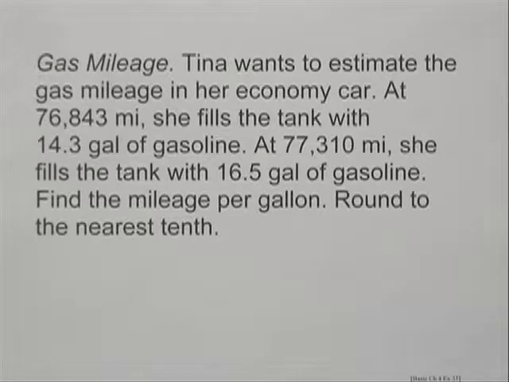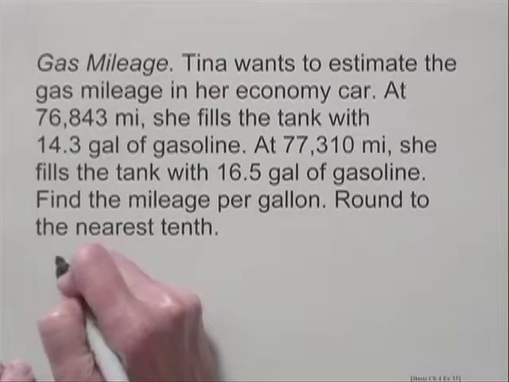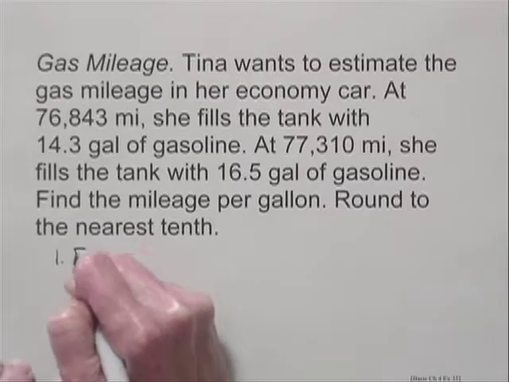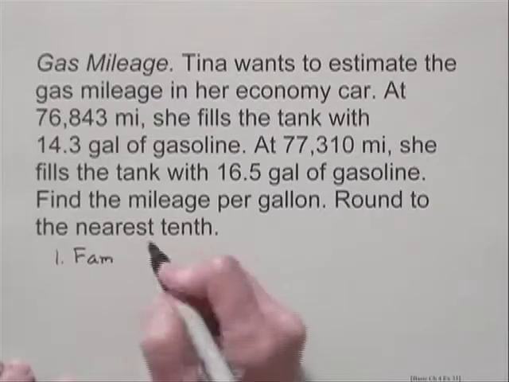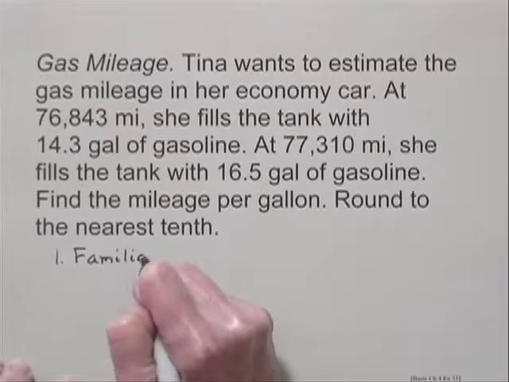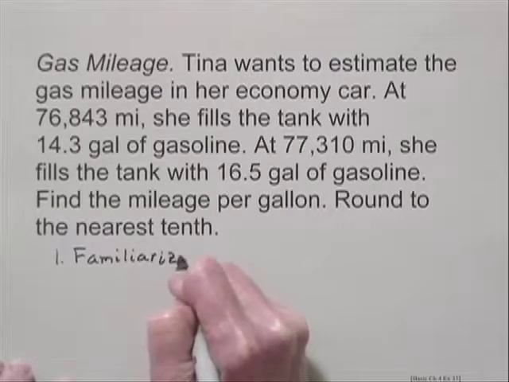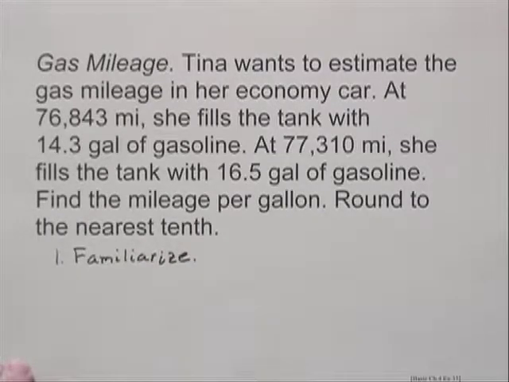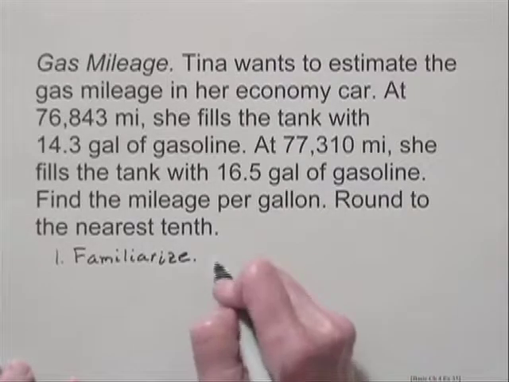Well, this is going to be a two-step problem. First, we will find the number of miles that were driven between the fill-ups, and then we'll use that to find the gas mileage. And we'll use the five-step problem-solving process. So the first step is to familiarize ourselves with the problem. And let's begin, as we said, by finding the number of miles that were driven between fill-ups.